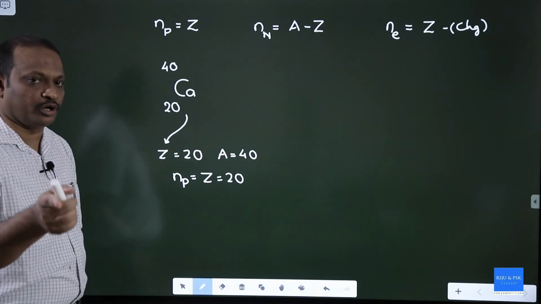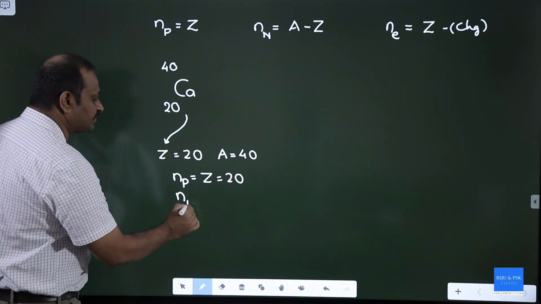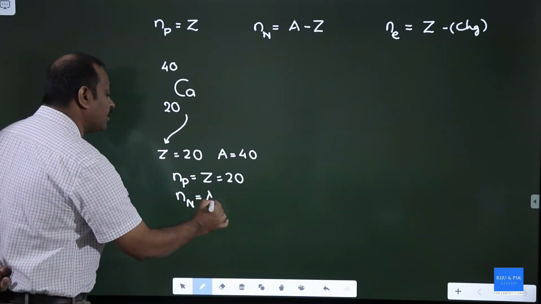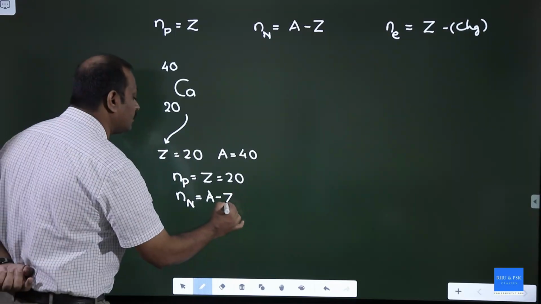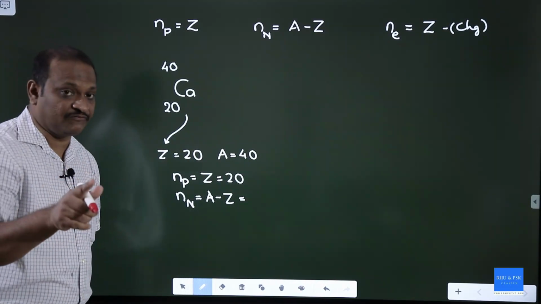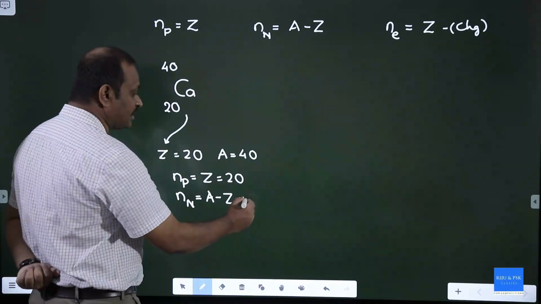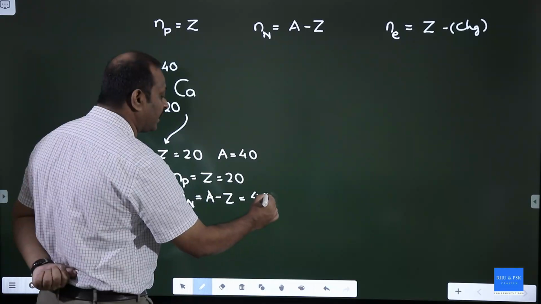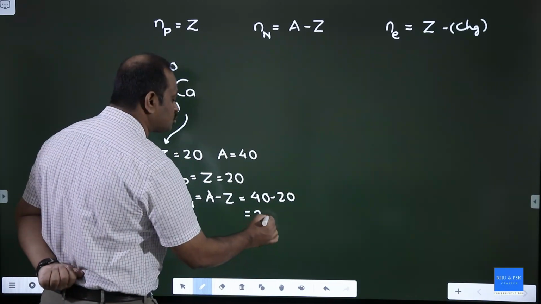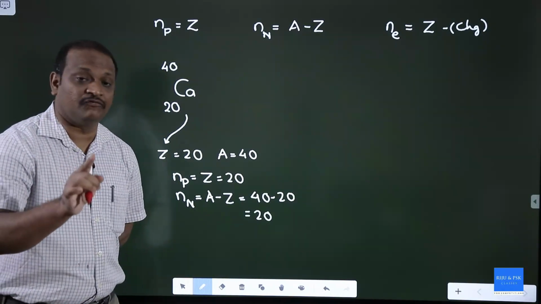Similarly, for the number of neutrons, we have A minus Z, where A is the mass number and Z is the atomic number. So we have 40 minus 20, which equals 20.